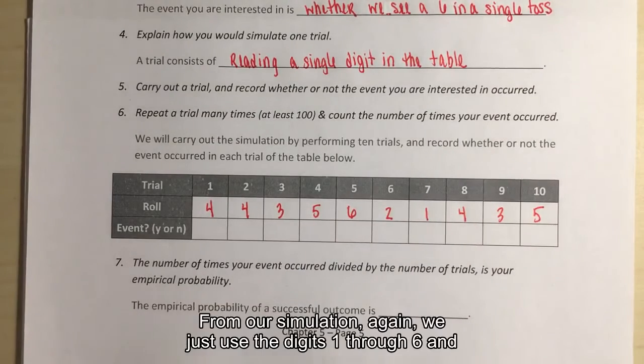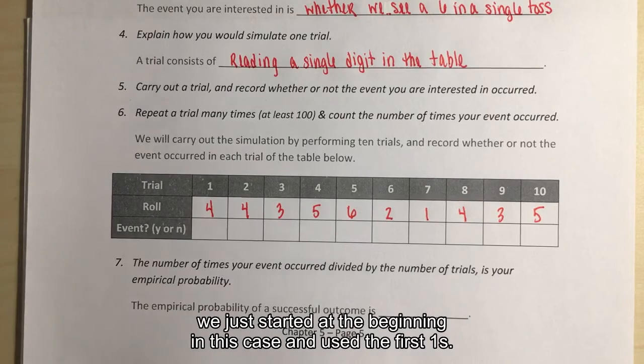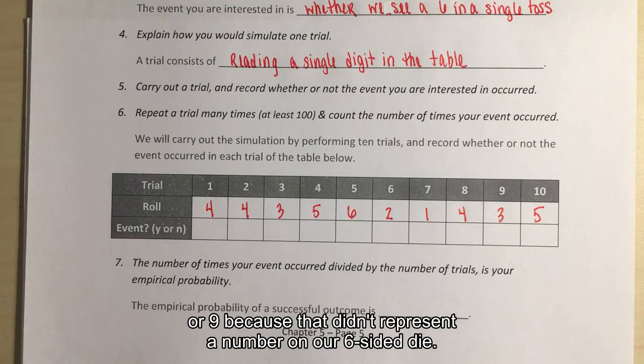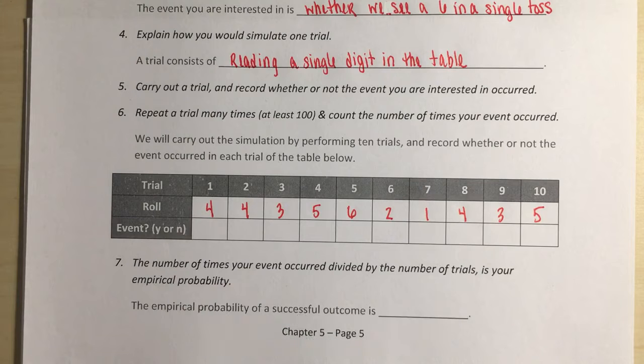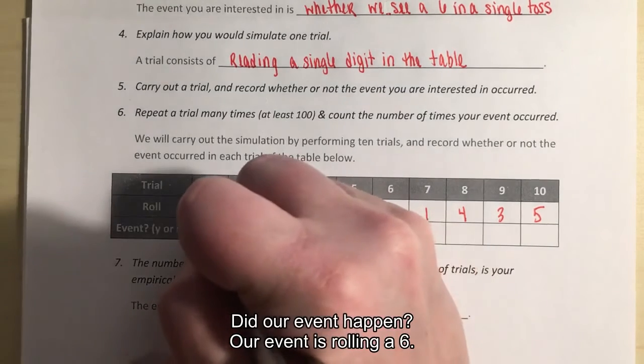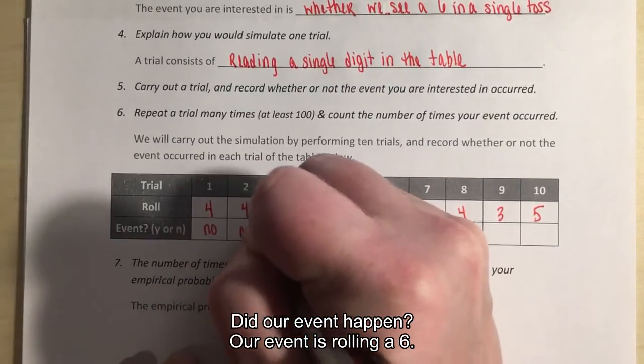All right, so from our simulation, we just used the digits 1 through 6, started at the beginning in this case and used the first ones. We got rid of anything that was a 0, 7, 8, or 9, because that didn't represent a number on our 6-sided die. So did our event happen? Our event is rolling a 6.